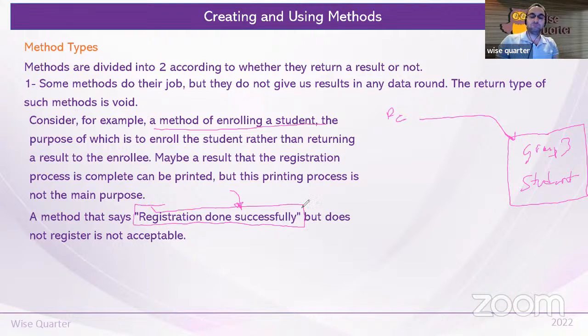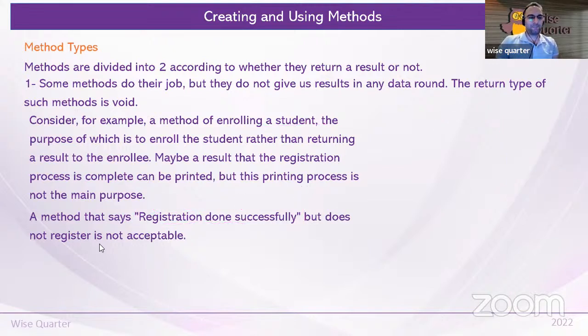It is like a relief for the user. If the method says it was successful, but does not register the student, it means nothing. Just a message, nothing more.